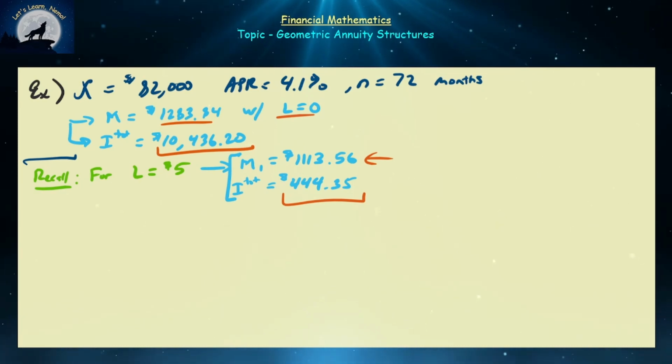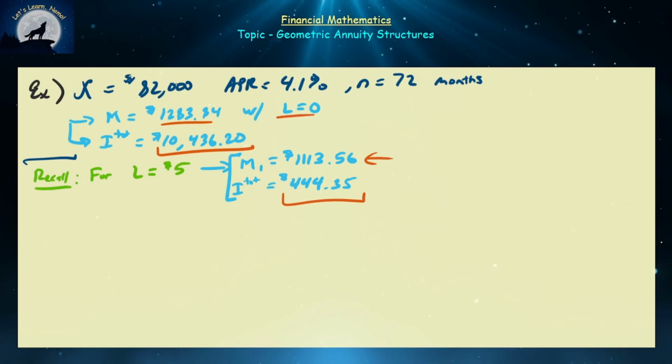Because when you look at your payments at the end of your loan, the majority of those payments are allocated towards principal, not interest, which under arithmetically increasing structures is where the larger payments are located, towards the end of our loan life. Now, if you were to take this and turn it into an arithmetically decreasing annuity structure, then you should see that your interest is going to be potentially equal or potentially larger than that of a level fixed payment structure. And I leave that as an exercise for you.